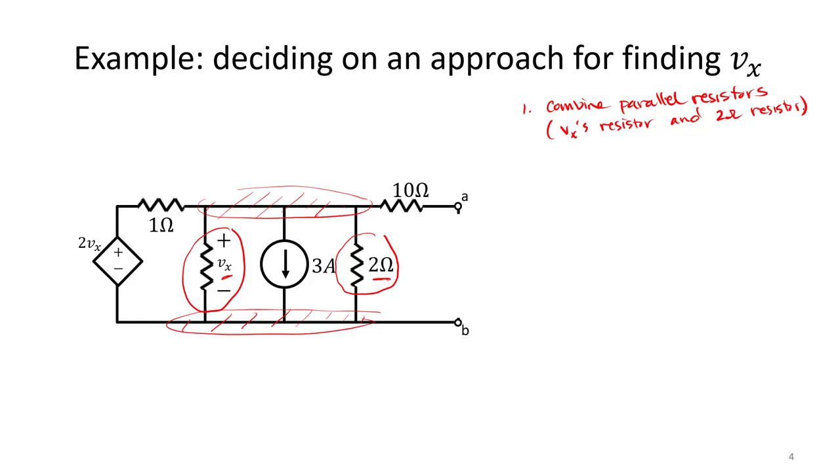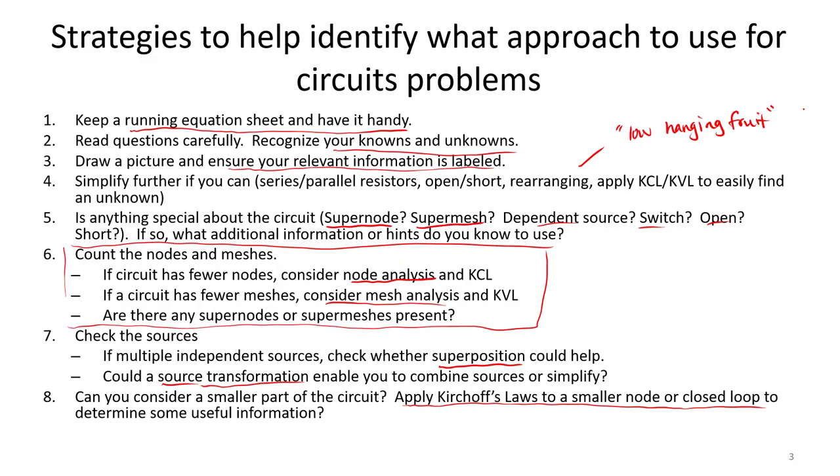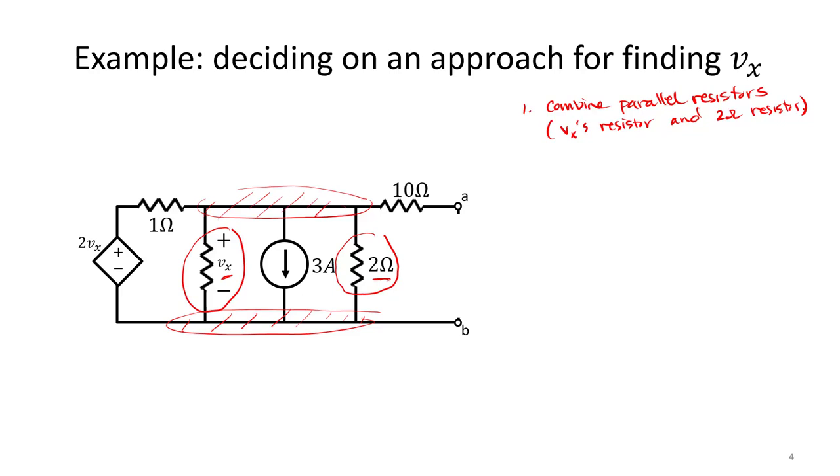Let's continue with our strategies. So we already have a picture, and let's assume that we have our equation sheet in front of us. We've simplified our resistors, so let's check for anything special. Well, if we look at this circuit, notice that if we combine our 2 resistors together, we could indeed end up with a supermesh.